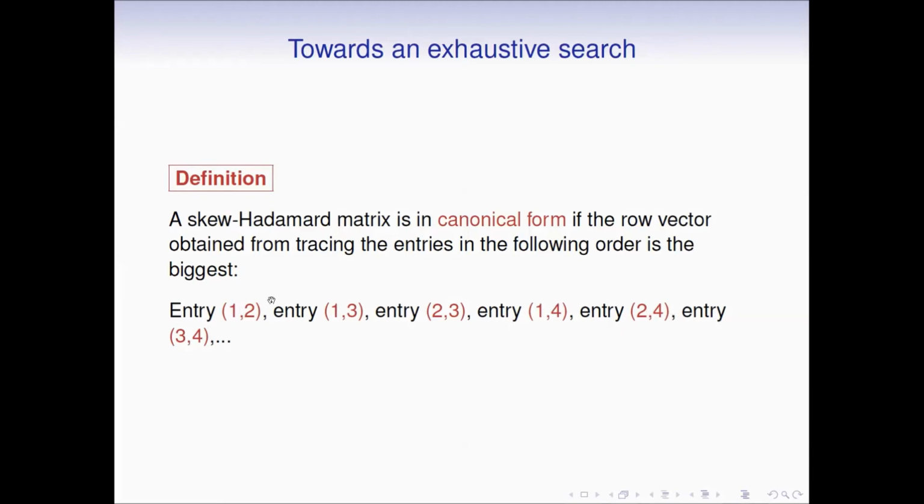In this way, we trace the entries, we make a big row vector, and if it is the biggest among all equivalent matrices, we call that one canonical. And these matrices are just what we are looking for.